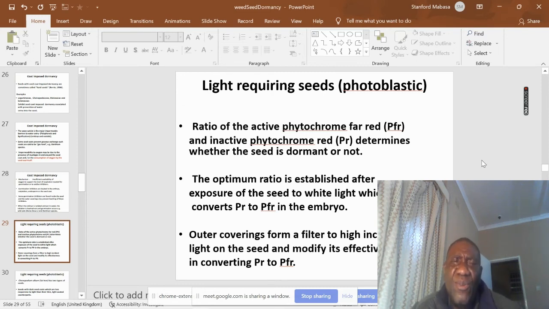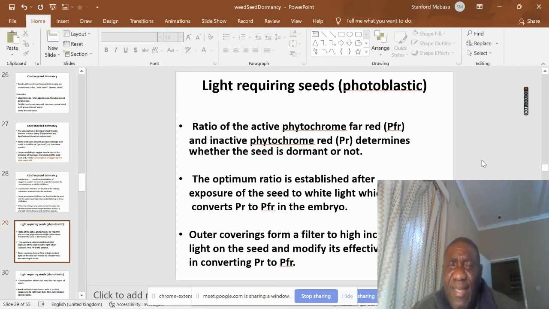The ratio of the active phytochrome, which is known as far red, PFR, and the inactive phytochrome, red, which is simply PR, determines whether the seed is dormant or not.